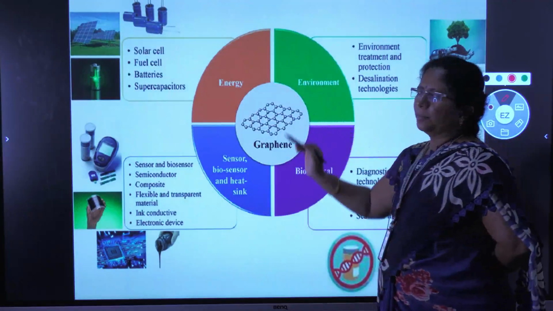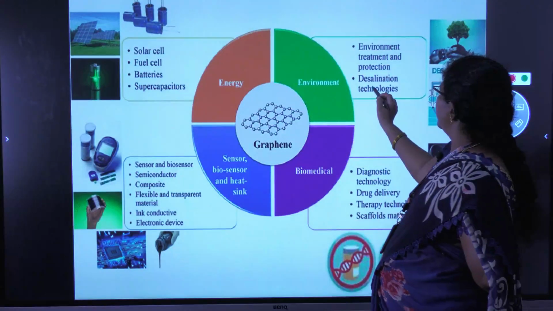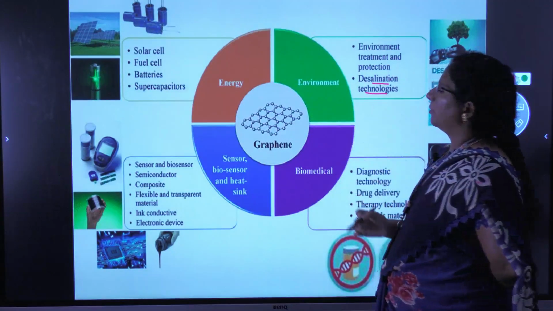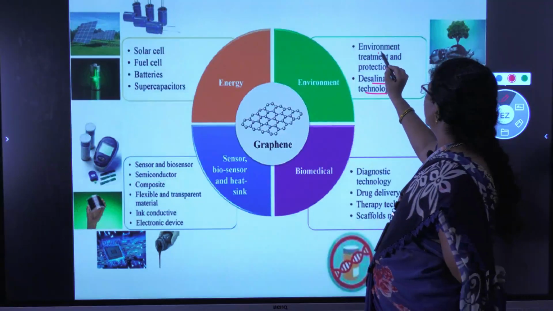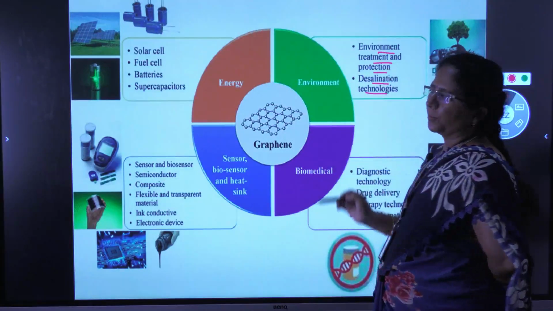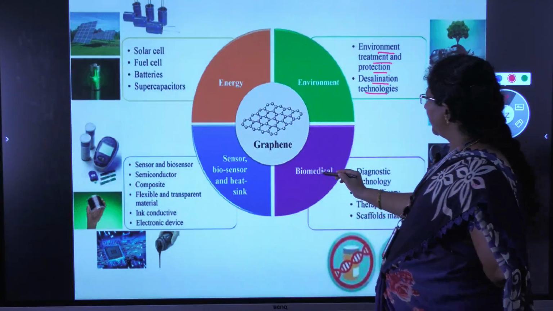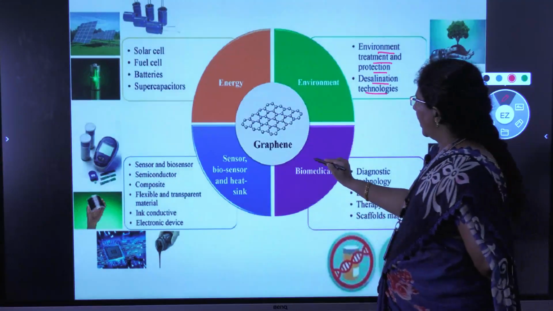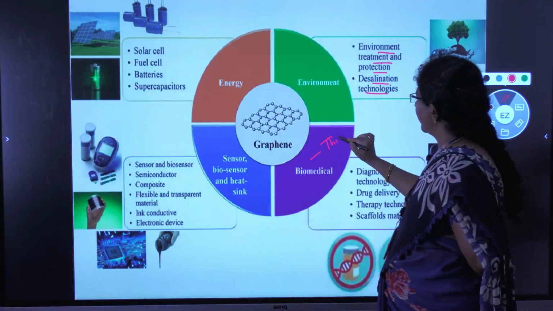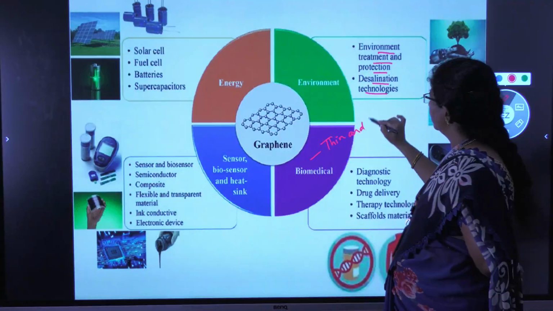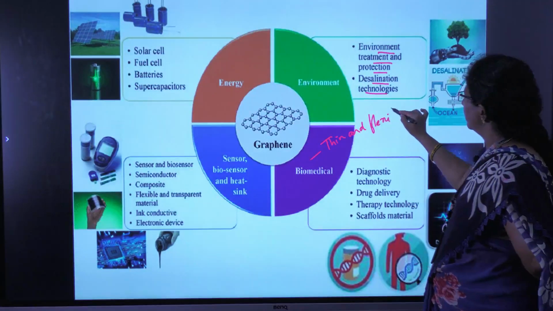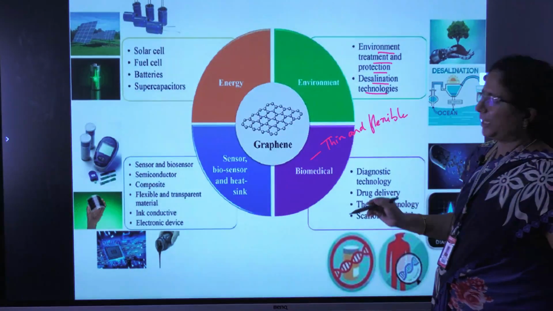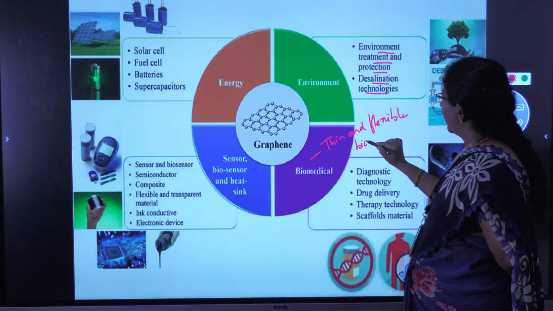And coming to the environmental applications, graphene is used in desalination technologies as well as in environment treatment and protection. And coming to the biomedical applications, as graphene is thin and flexible, it finds applications in bionics.